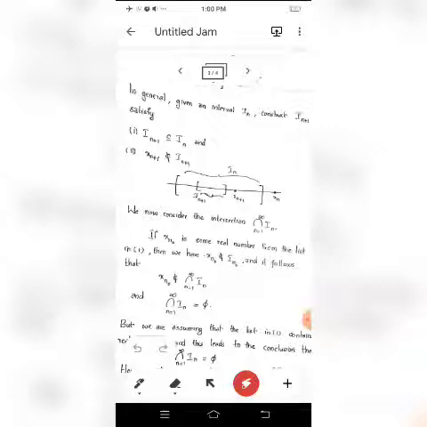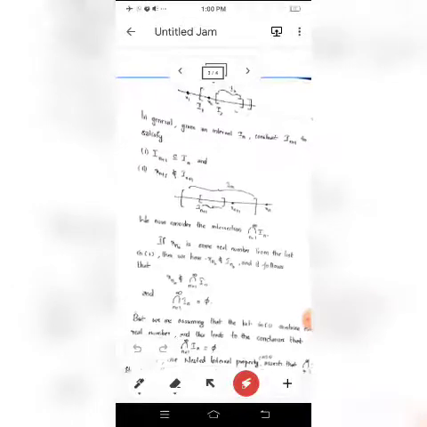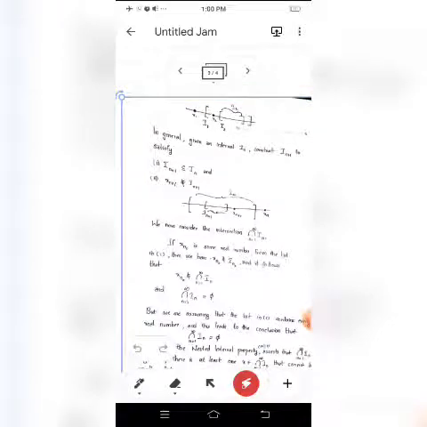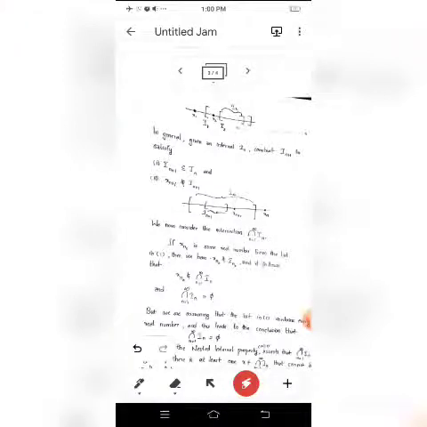If xn0 is some real number from the list in equation 1, then xn0 does not belong to In0. Since In plus 1 is contained in In and xn plus 1 does not belong to In plus 1, if xn0 is a real number, then xn0 does not belong to In0.